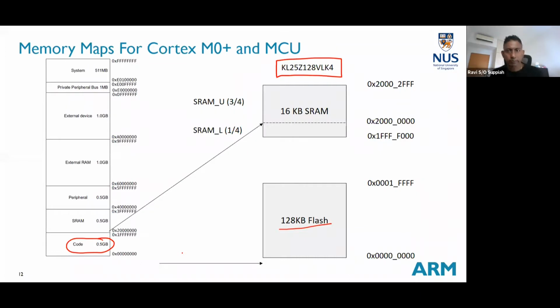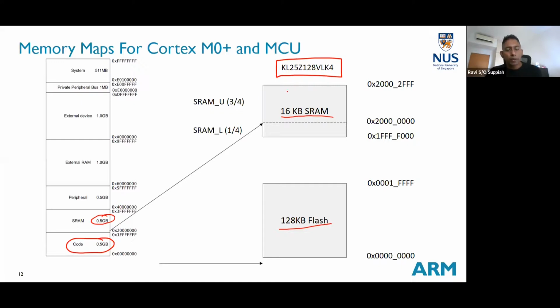Similarly for SRAM, you can go up to half a gig over here, and from there configure all the memory that you need. But in our case, we only have 16 kilobytes of SRAM inside the KL25Z chip.